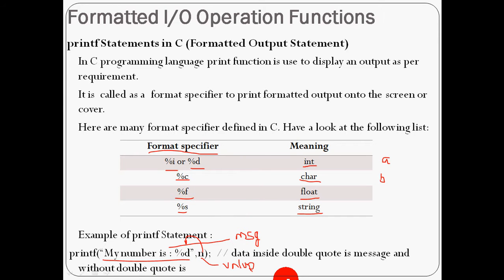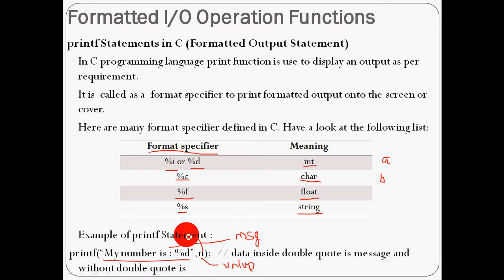It contains format specifiers that define how the subsequent arguments are going to be displayed. Format specifiers begin with a percentage sign. Each and every format specifier starts with a percentage sign followed by the format specifier code: d for integer, c for character, f for float and s for string.